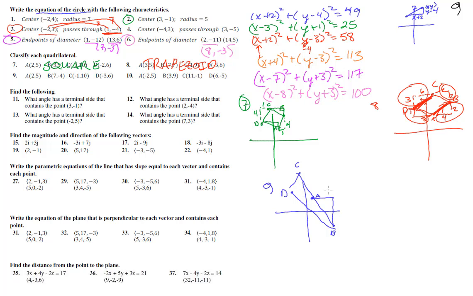Okay, what about from B to C? 7 to -1, that's subtracting 8, and the y value is going up 14. Okay, from C to D is -1 to -3 is 2, and 10 down to 6 is 4.